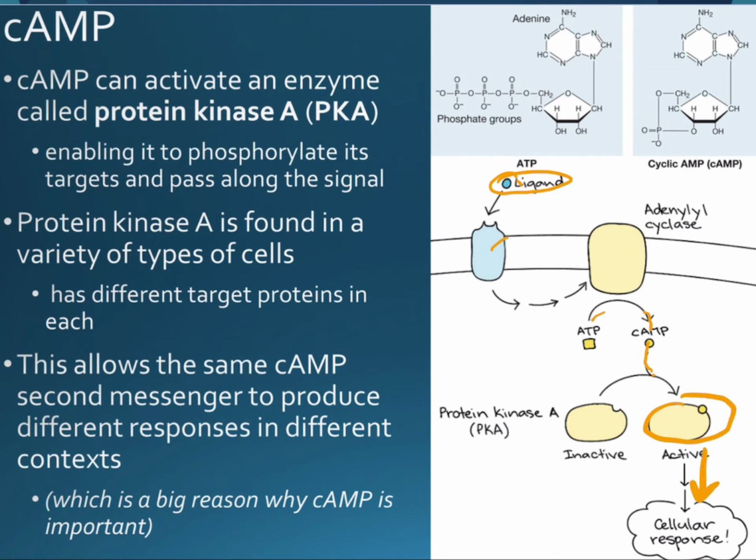But what actually activated that was the cAMP itself. That's why we consider cAMP the second messenger, because it was necessary to activate this protein. So the ligand is the first messenger, and then cAMP would be the second messenger in this example.